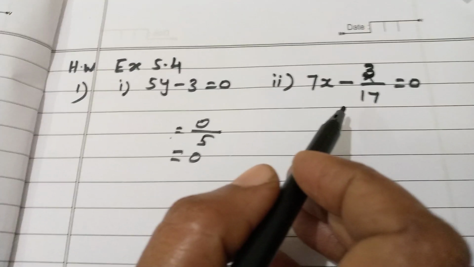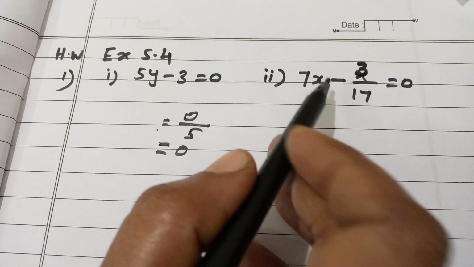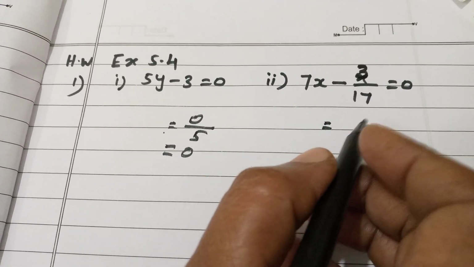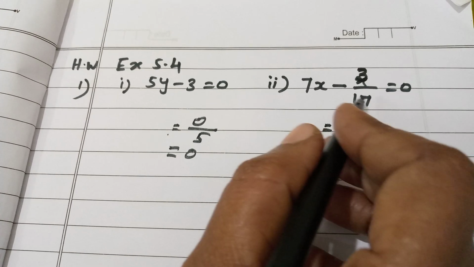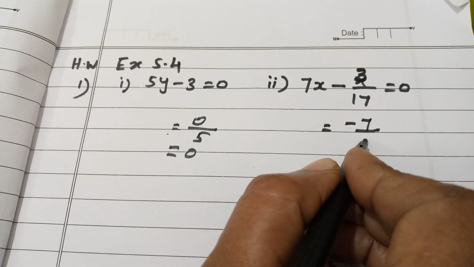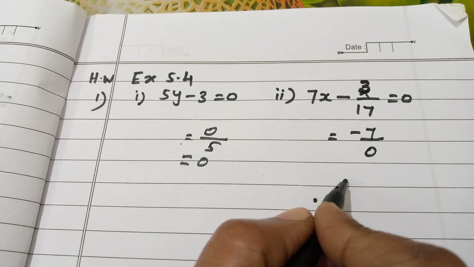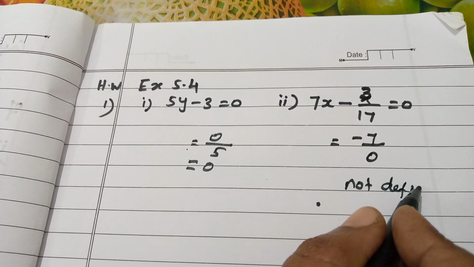Then the slope m is equal to minus coefficient of x by coefficient of y. So minus 7 by, here the y term is missing, no? So 0 you have to give. Any number divided by 0 is not defined. What answer will you get? Not defined. Can you complete, students?